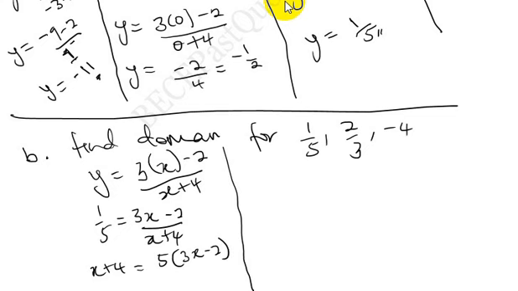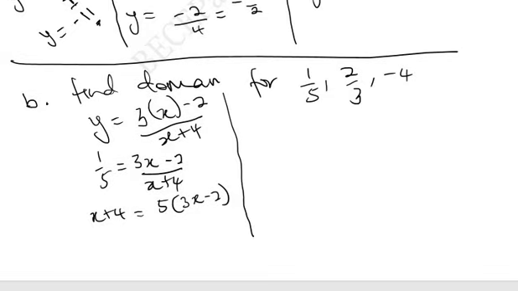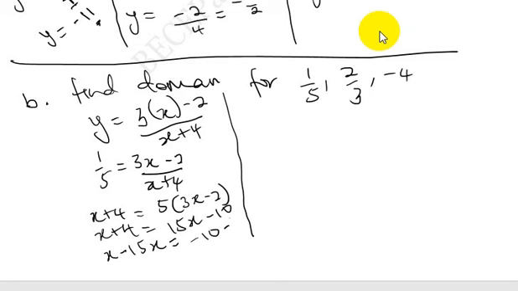Then we go ahead to get x plus 4 being equal to 15x minus 10. So we group them. We are going to get x minus 15x being equal to minus 10 minus 4.